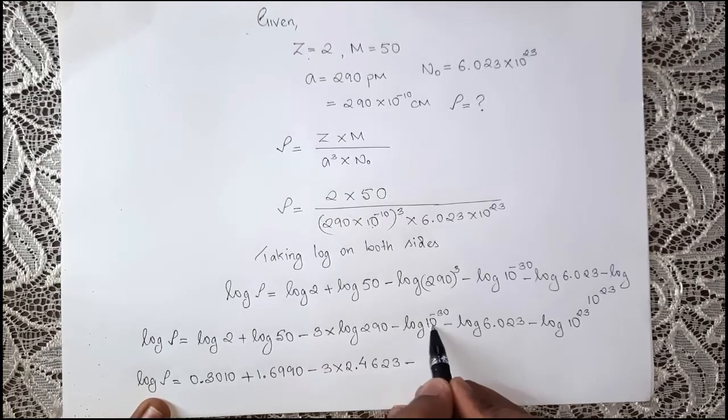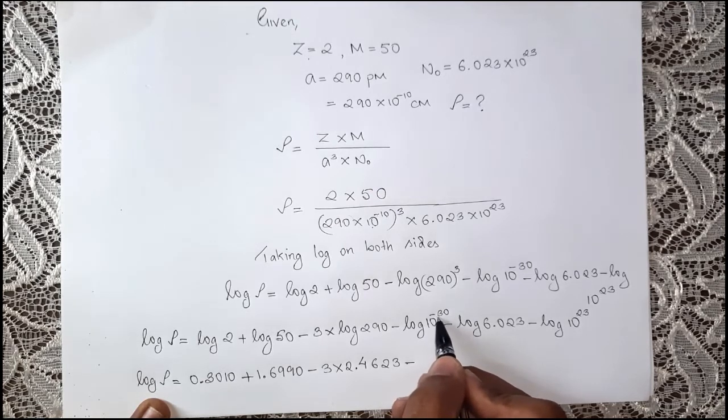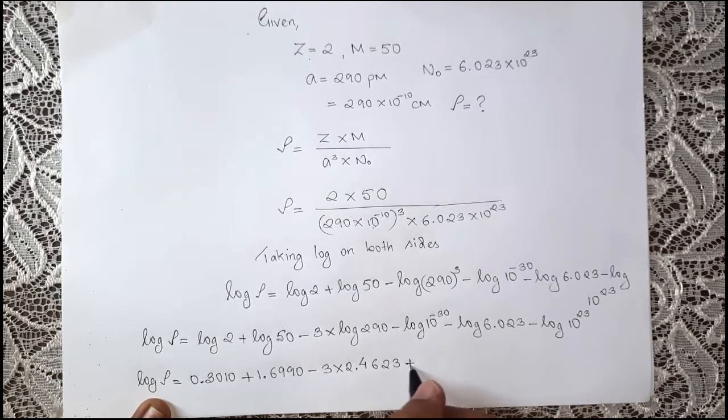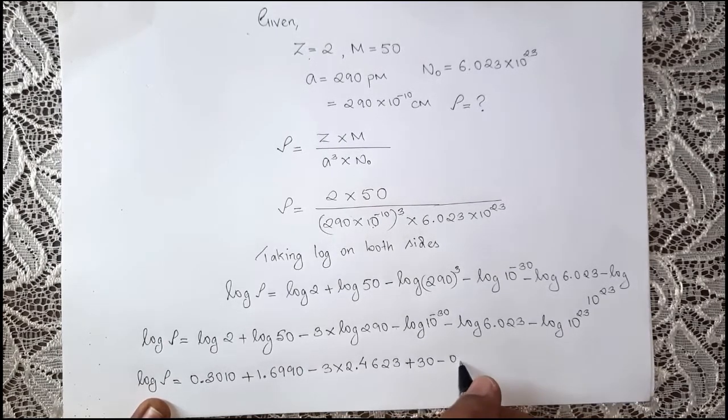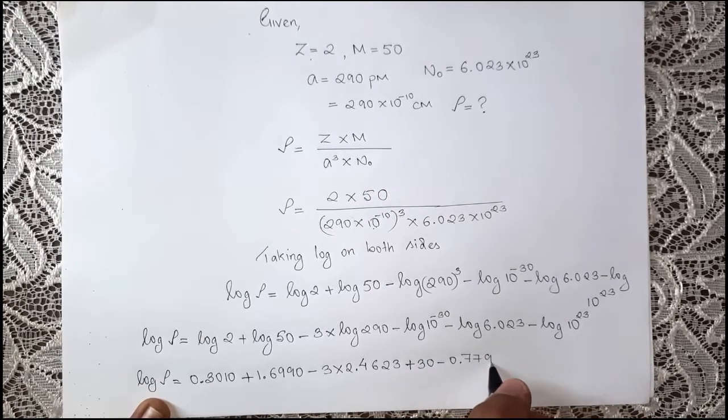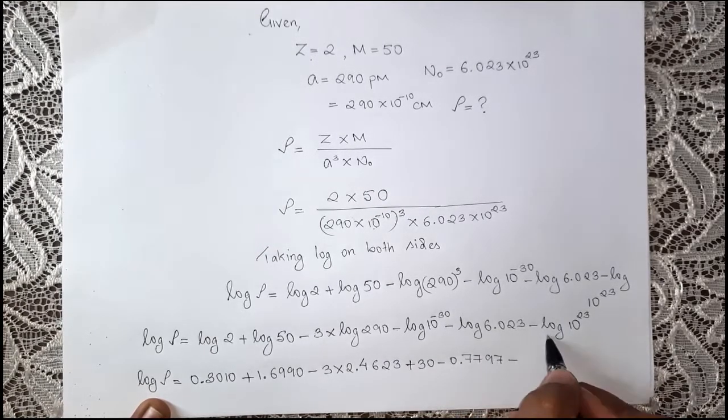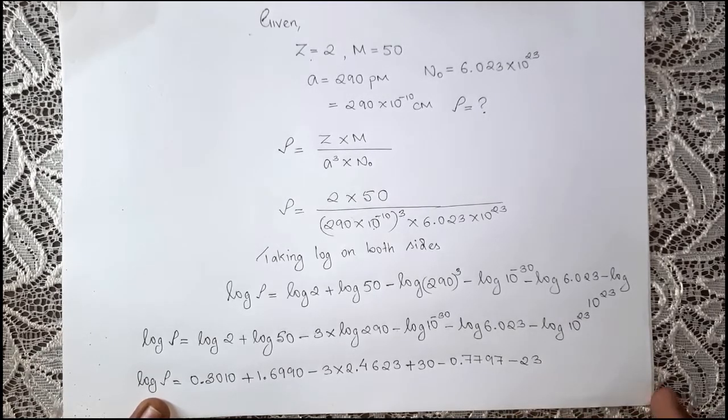Log 10 to the power minus 30 will be minus 30, since log of 10 to the power anything is that power itself. So minus into minus will be plus, so it will be plus 30. Log 6.023 is 0.7797, and log 10 to the power 23 is 23.